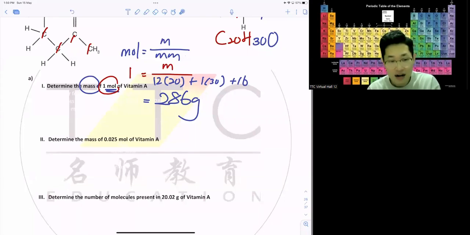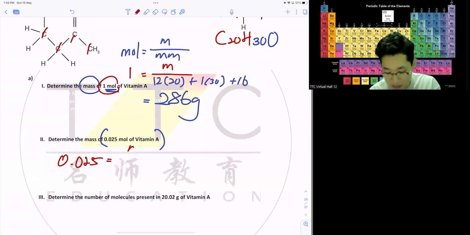Next, determine the mass of 0.0025 mole of vitamin A. So it's just a different mole. Just now was 1, now they change it to 0.025. So I just change the mole in mole equals mass over molar mass.